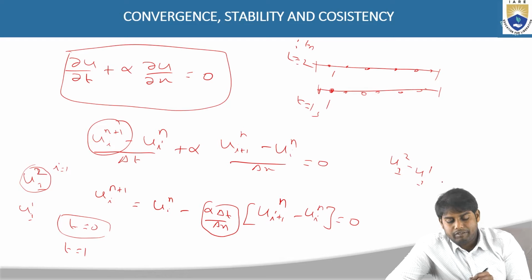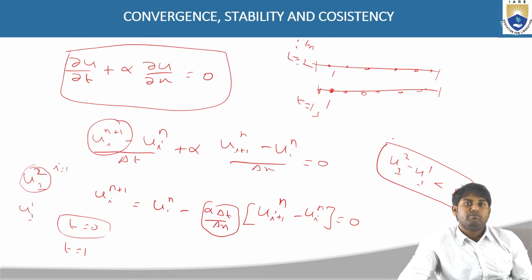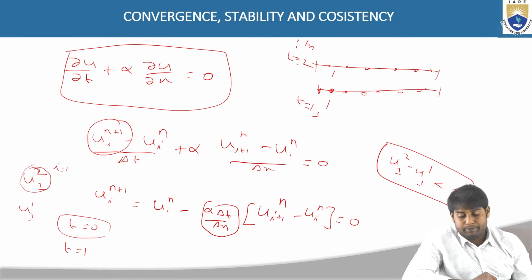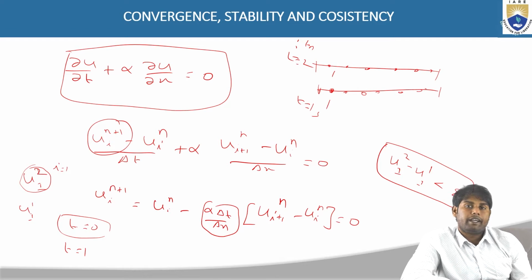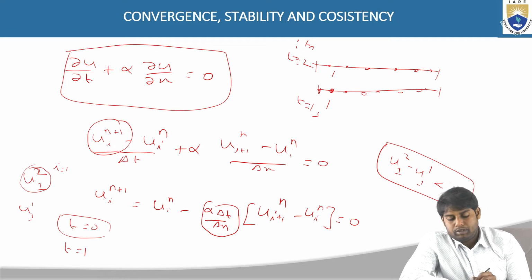So basically if the difference is less than the convergence criteria which we give the error, so basically this epsilon value is the convergence criteria or the value which we define.